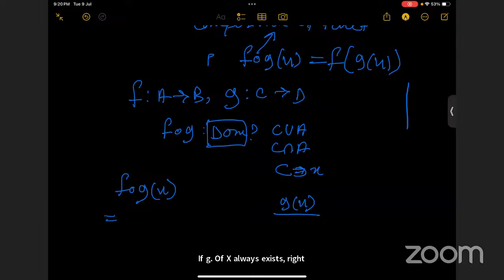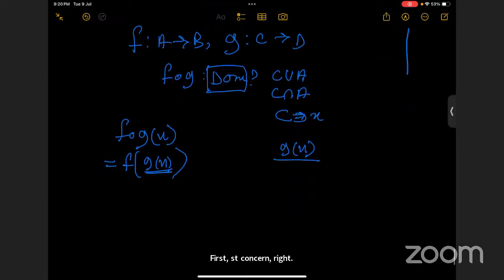F compose g of x means f of g of x. So g of x is our first concern. If we take anything from C, then f of g of x is defined. So C can be our choice.